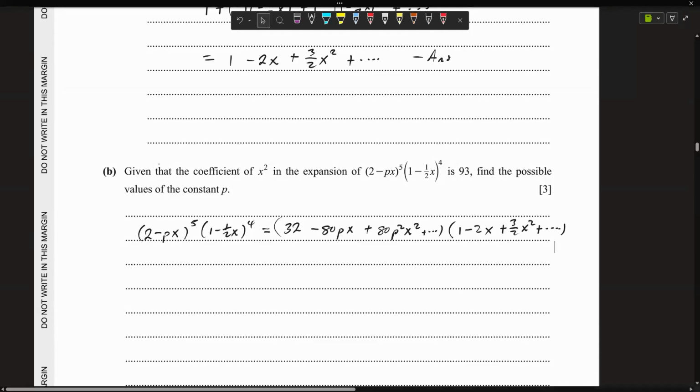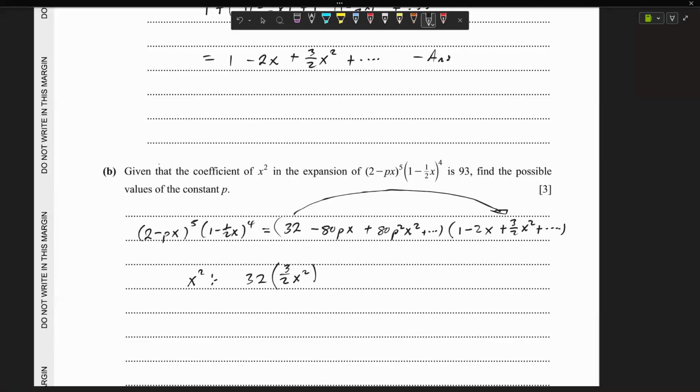So to get a term in x squared, that's going to happen when 32 multiplies the term in x squared here. So when it multiplies 3 over 2 of x squared, right?